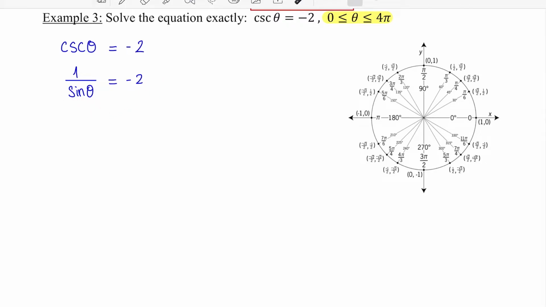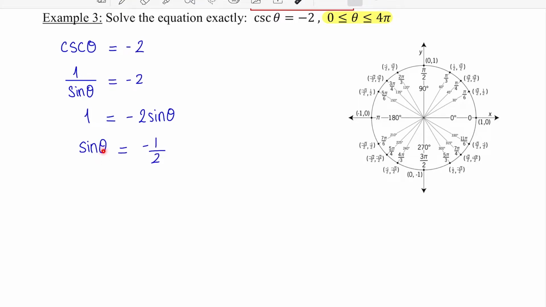And from here, I am going to solve for sine of theta. So I'm going to multiply sine of theta on both sides to have 1 equals negative 2 sine of theta. And then I'm going to divide both sides by negative 2. So I have sine of theta equals negative 1/2.